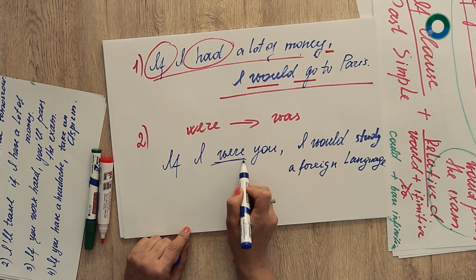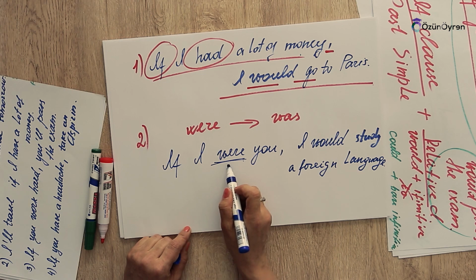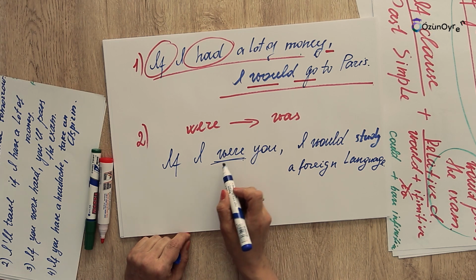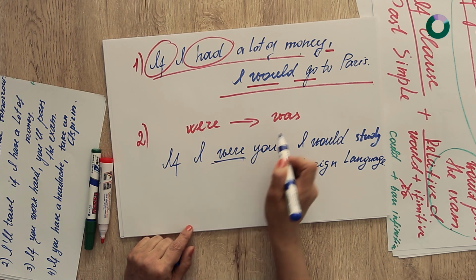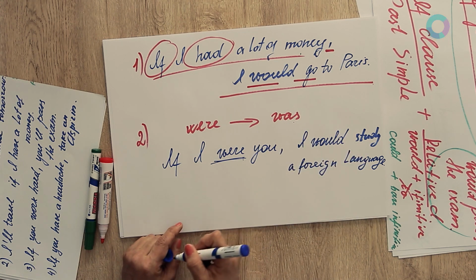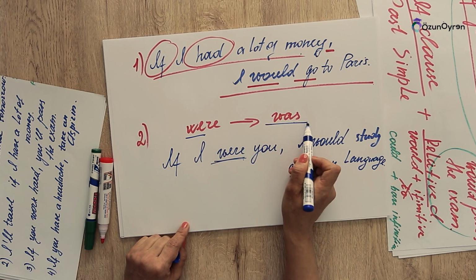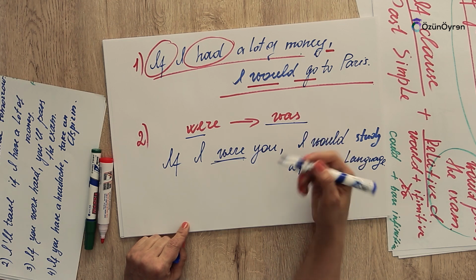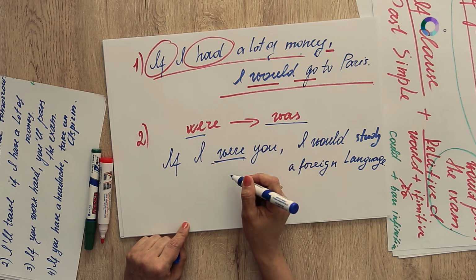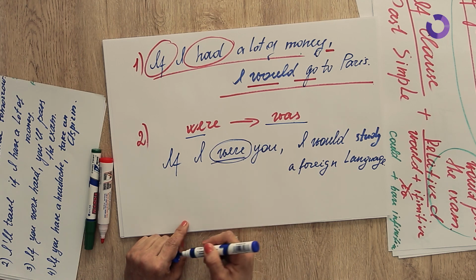So I'm not you. So if I were you, I would study a foreign language. I'm not you. It's not a real situation. It's unreal situation. And here I use were instead of was. As we know that the forms of to be have two forms in past simple, were and was. Was in the first and the third person singular and were in other persons. But here in second conditional we use were instead of all the persons.